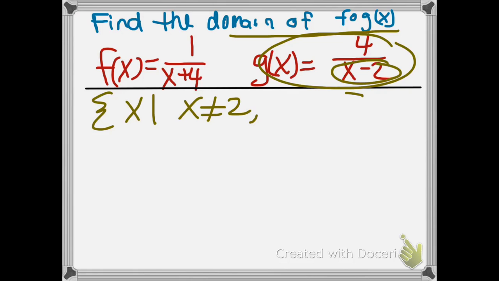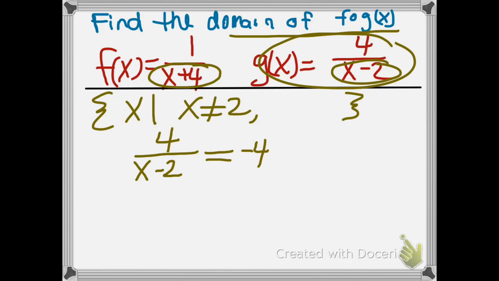But there's more, because we know that the end result with f can't be negative 4. But we say g of x, the end result, cannot be negative 4. So we just solve that. 4 over x minus 2 can't be negative 4.